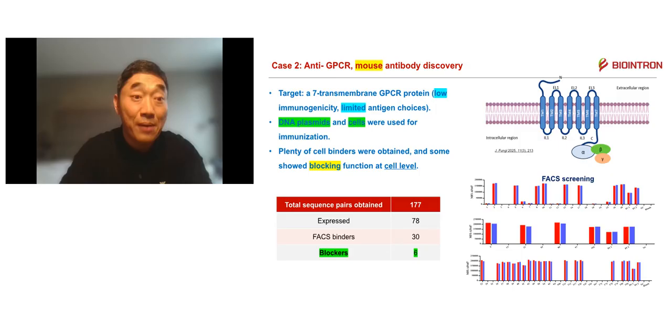As everybody may or may not know, GPCR is unique compared to a single pass transmembrane protein, because this kind of protein is hard to obtain as purified protein material. Secondly, GPCR proteins mostly share their sequences between mammals like human, cyno, rabbit, mouse, and rat. This leads to a very low immune response, as I said, so you may get limited B cell clones.